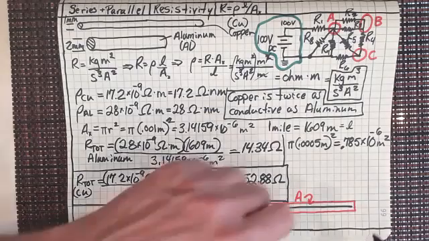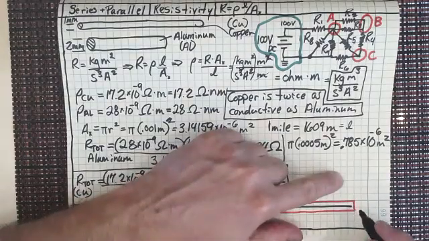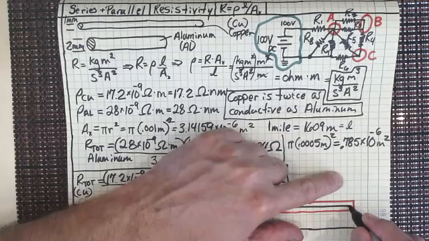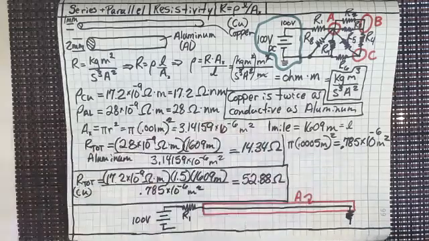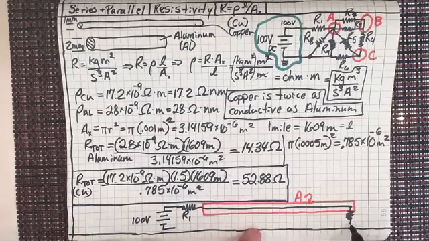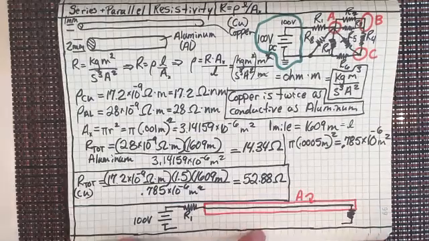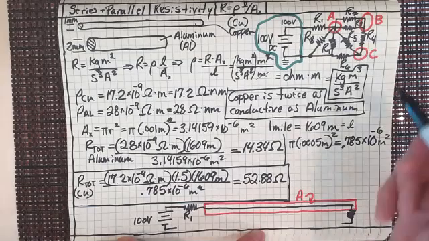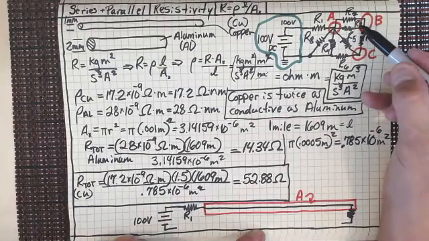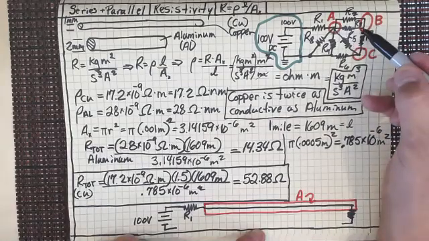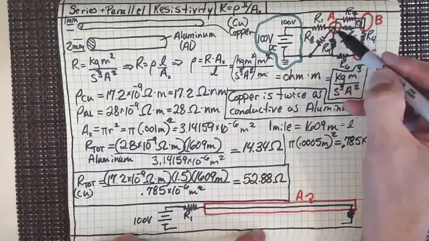Let's draw those in. So I've got one that goes from A to B, right there. All right, so that's node B. Do we have another one that goes from A to B? Yes. We have R3 that goes from A to B, right? We don't have any other ones, just those two.